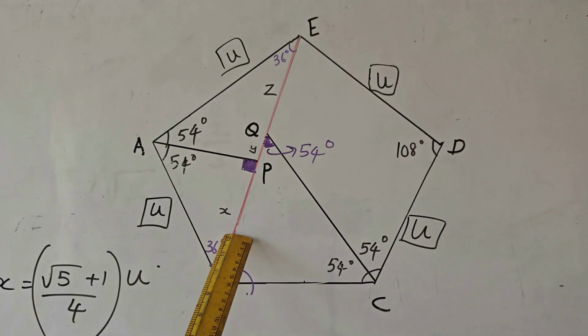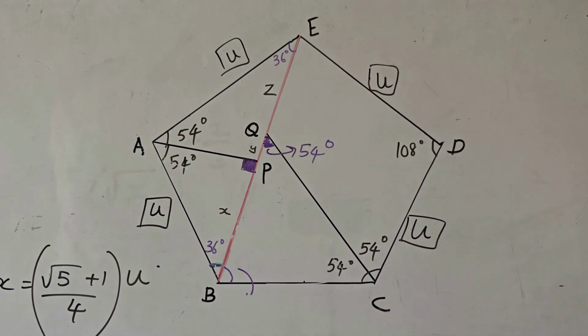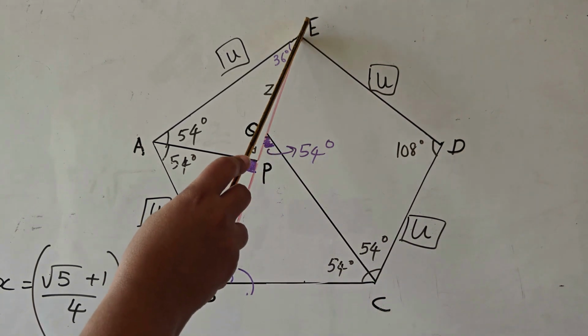If you look at this diagram, you can see that AP is not only the angle bisector and the altitude. As I mentioned, this is also the median. So what does that mean? Point P divides the line segment BE into two equal parts, or you can say that BP is equal to PE.